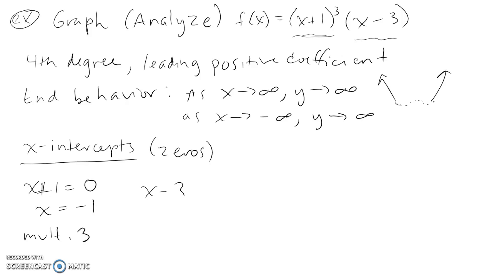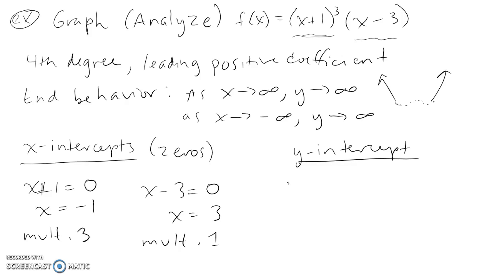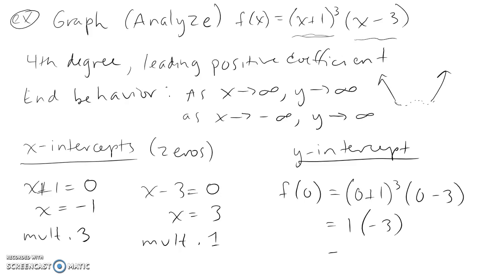And then we also have x minus 3 equals 0, which gives us x equals 3, and has multiplicity 1. The y-intercept of this function is, of course, f of 0. If I put in 0 plus 1 and cube it, and then 0 minus 3, that's 1 cubed, which is 1, times negative 3, which is negative 3. So the y-intercept is at negative 3.